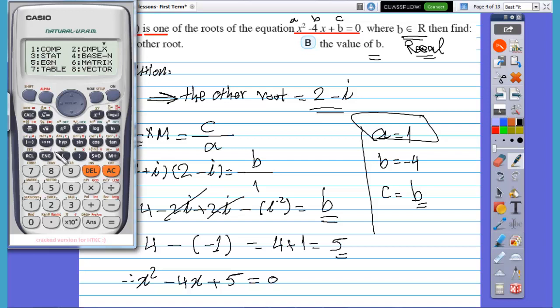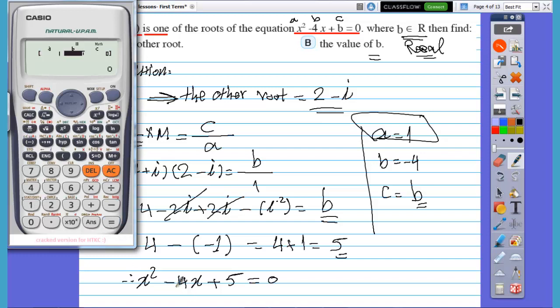Here it is number 5. We want to solve a second degree equation, a quadratic equation, so we have to press 3. Now we have A, B, C. What is the value of A? The value of A is 1. So we press 1 and equal.